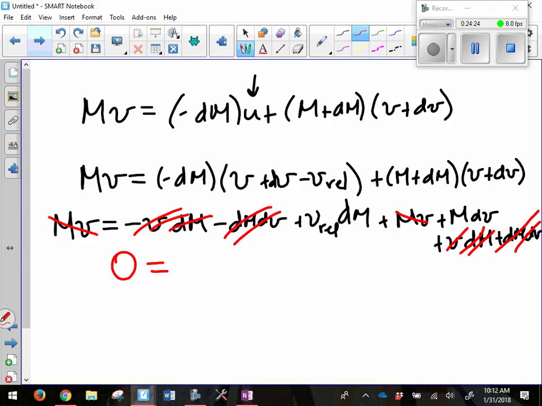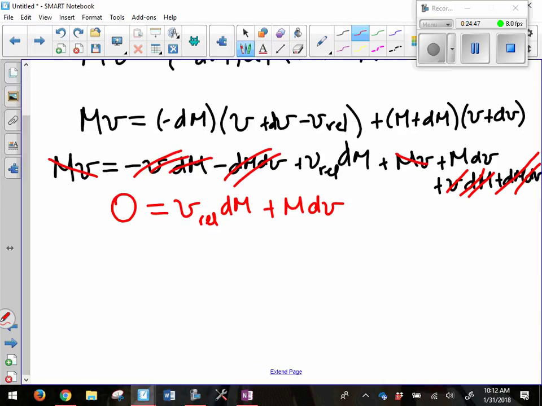But remember that there's a 0 on the left-hand side. A lot of people forget that. So that's going to give me not vrel dm plus mdv.